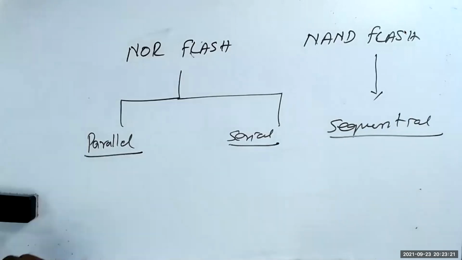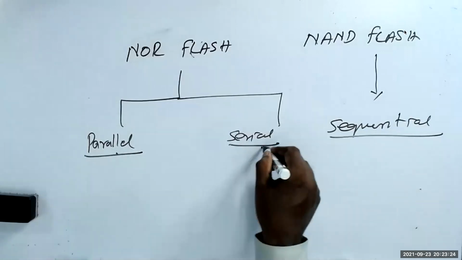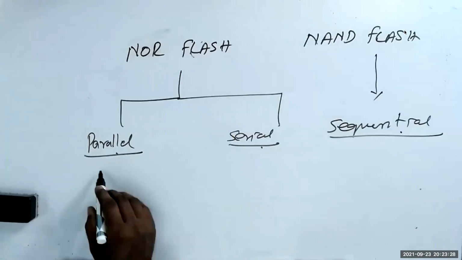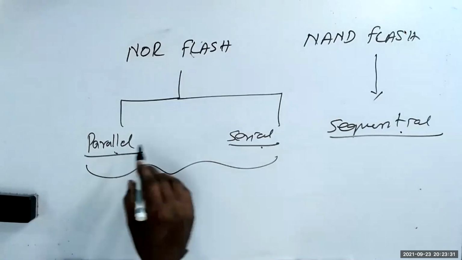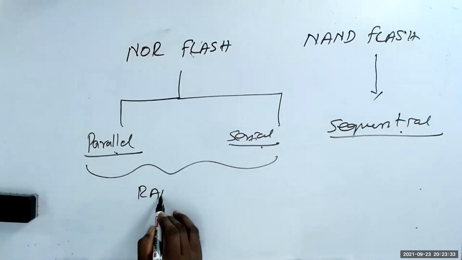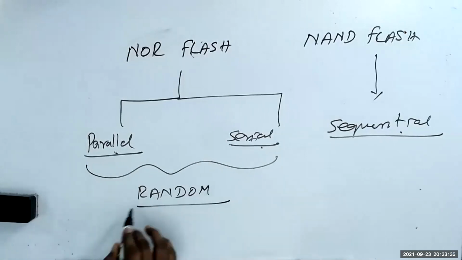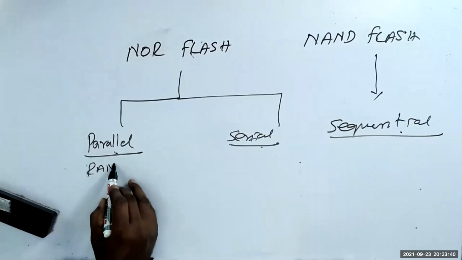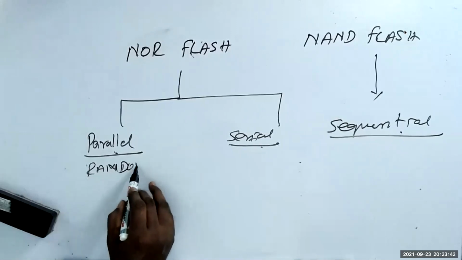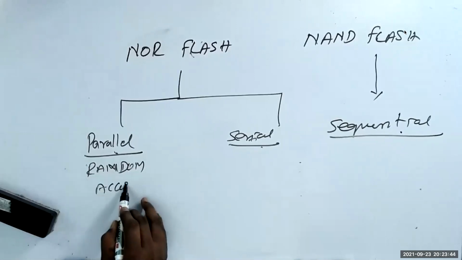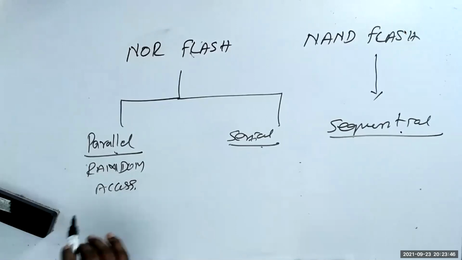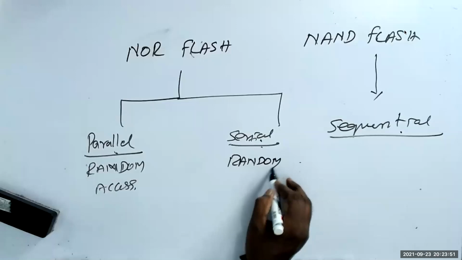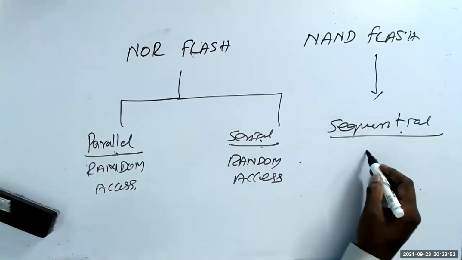Understand? Parallel, serial, sequential. And another way to say it: this one is called parallel random access, and the other is sequential access.